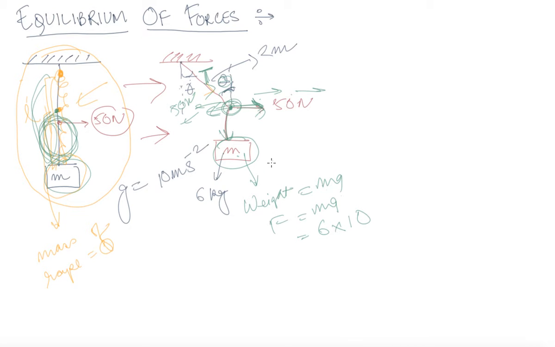What is acceleration due to gravity on the surface of the earth? That is 10. So a force of 60 Newton has been applied downward and it's in equilibrium. So equally, a force of 60 Newton should be applied upward by this rope to maintain this particular position. This is what we can understand from this figure.